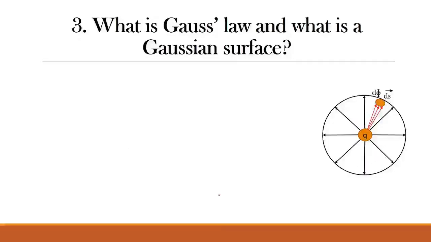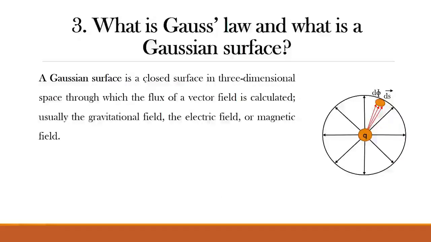Next point is what is a Gaussian surface. A Gaussian surface is a closed surface in three-dimensional space. Three-dimensional means XYZ axis, through which the flux of a vector field is calculated.